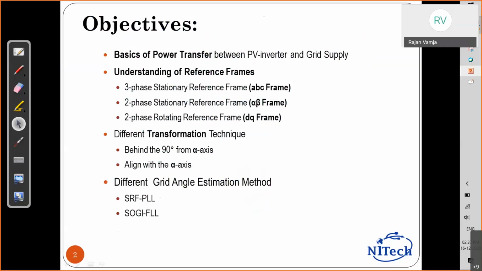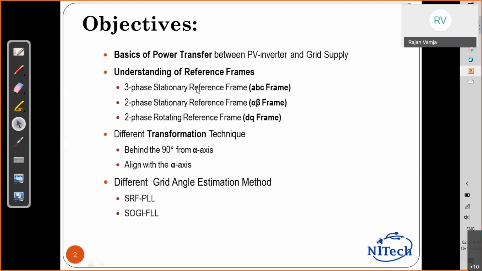Even if you do not know what SRF PLL and SOGI FLL are, we will try to brief them. Before understanding SRF PLL, we should be very clear about the reference frame. What are the reference frames? Generally in drives also the reference frame is very important, as well as in renewable applications, grid tied inverters, active filters, or such grid tied inverter related applications; you should be very clear about the reference frame.